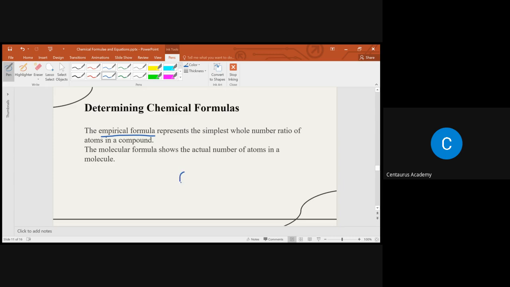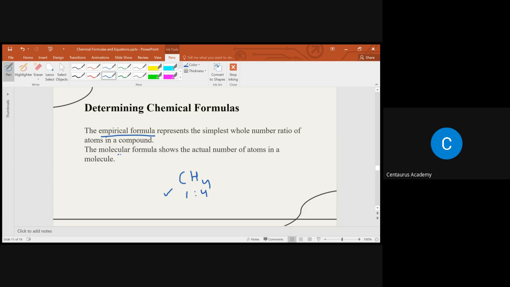For instance, CH4 means 1 carbon atom and 4 hydrogen atoms in methane. This is the simplest whole number ratio of both atoms in this compound. You cannot simplify them further. So this will be the empirical formula of methane.